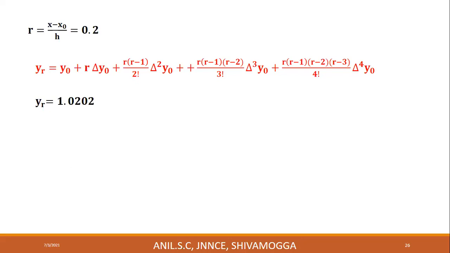Verify. It's correct, sir. Okay, then 1.0202. At least first three decimal places must be correct. 1.020, fourth decimal place may be empty. The exact answer is 1.0202.